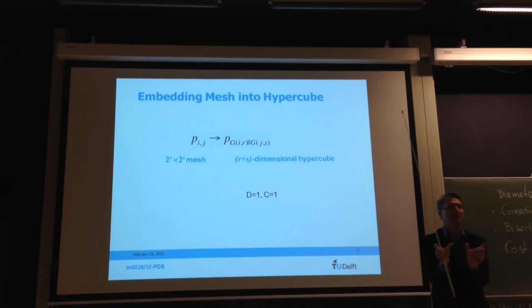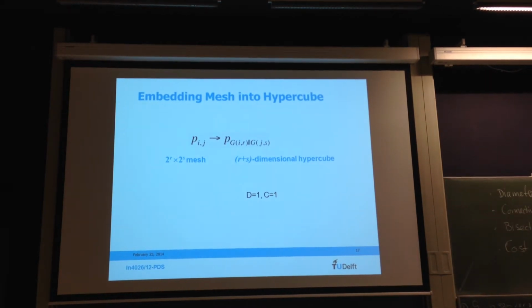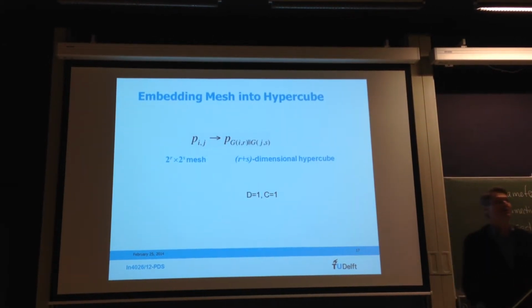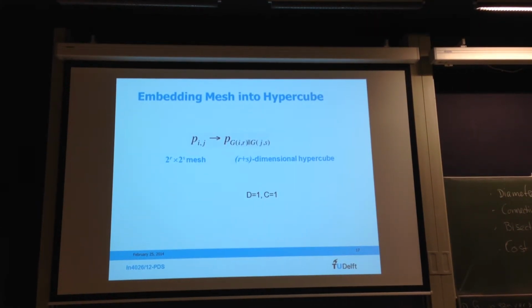And then I have my mapping. Right? So it's also possible to map a mesh with dilation 1 and congestion 1 to the hypercube system. So also for meshes to hypercubes, there is a relatively simple recipe to do well.